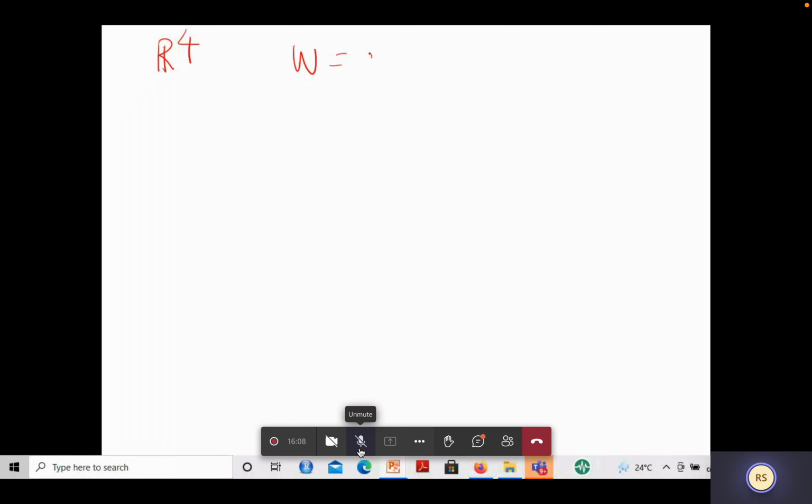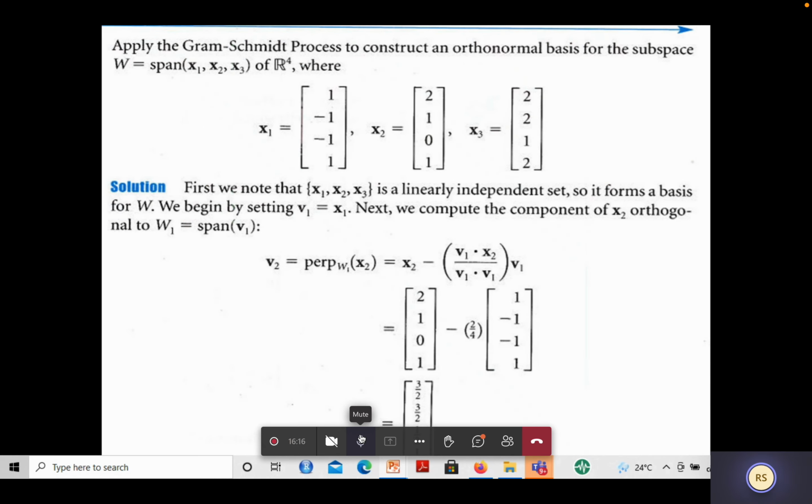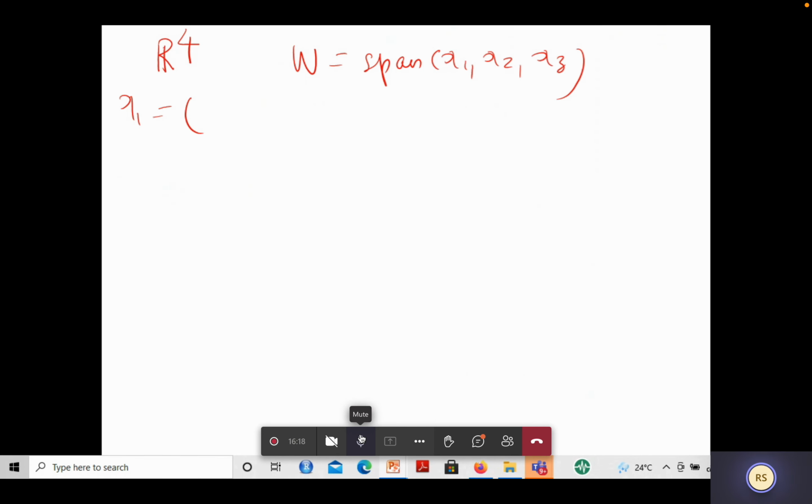W is equal to span of x1, x2, x3. x1 is 1, minus 1, minus 1, 1. x2 is 2, 1, 0, 1. x3 is 2, 2, 1, 2.